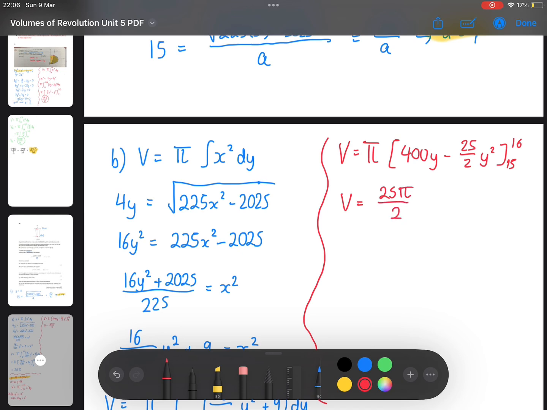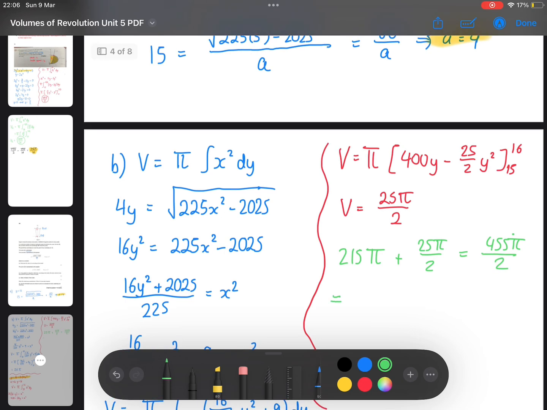And if we add those two volumes together, that should give us our volume of revolution. So we're doing 215 pi, add 25 pi over 2, which gives us 455 pi over 2, which is equal to approximately 714 centimeters cubed to 3 significant figures.